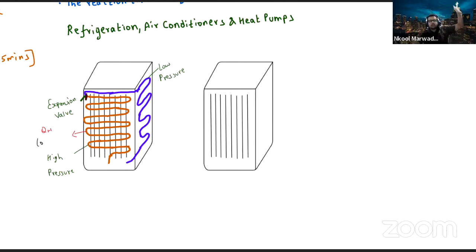So the back part of the refrigerator, where we can see something like this, its objective is to radiate heat outside.